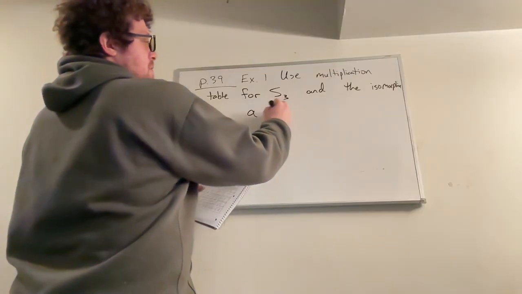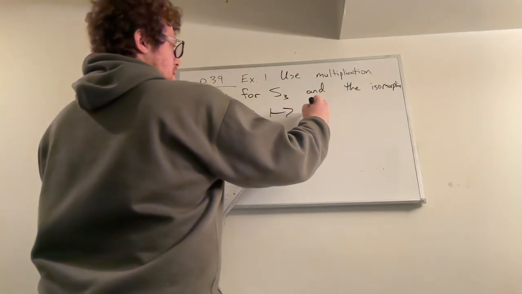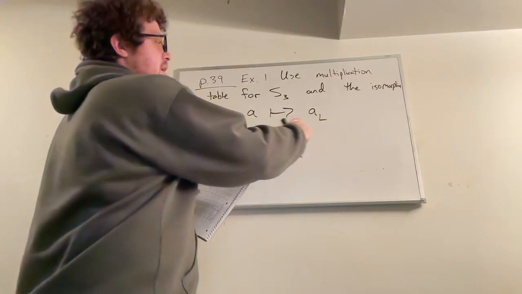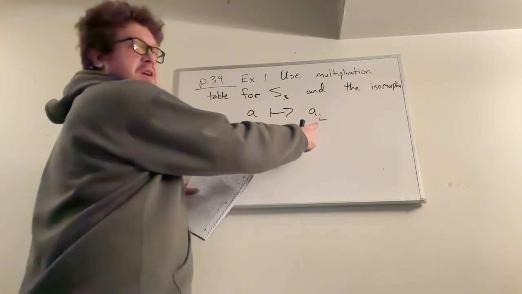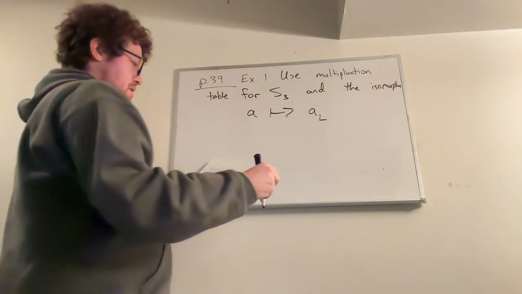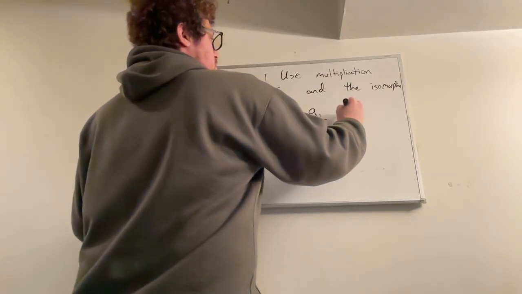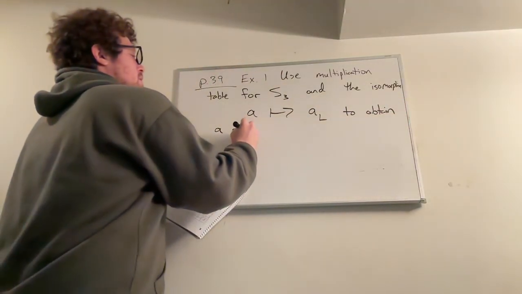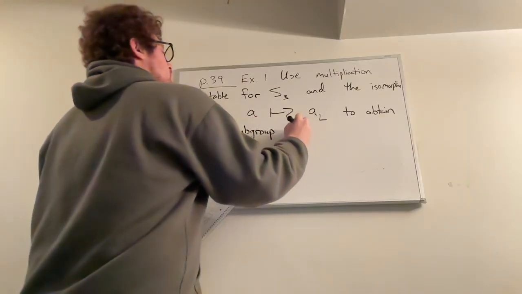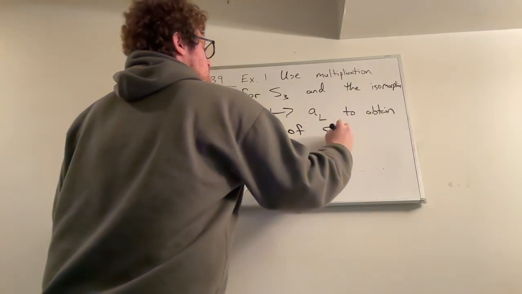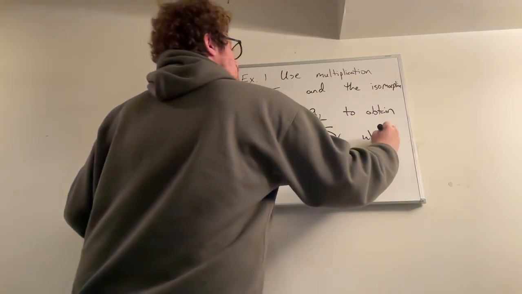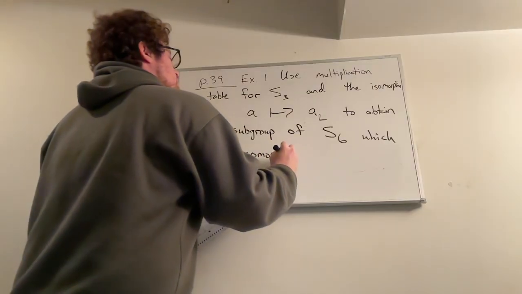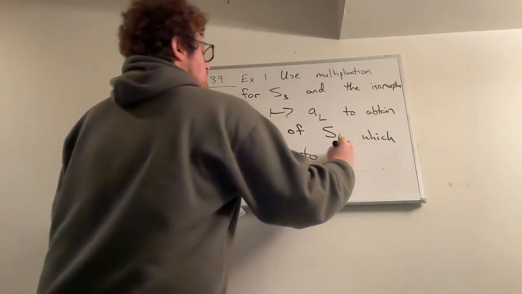Remember, we send every element A to left multiplication by A, so A goes to this left multiplication bijection. And it says to do this to obtain a subgroup of S6 which is isomorphic to S3.